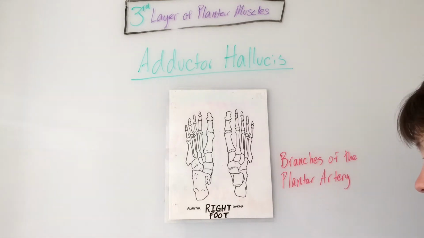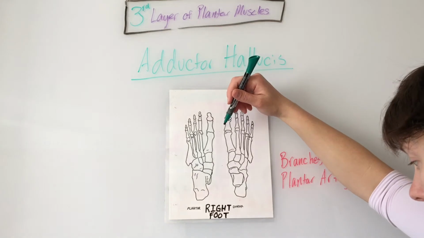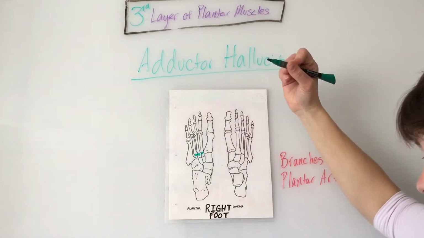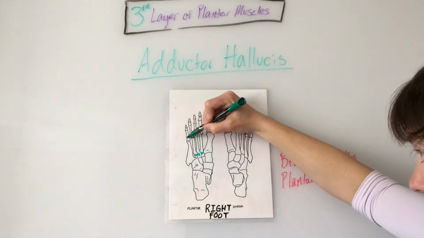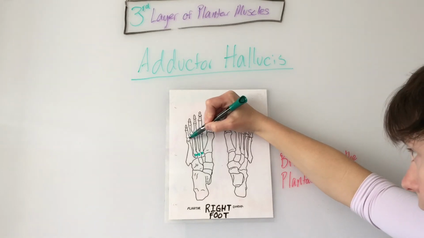The adductor hallucis has two heads, the oblique head and the transverse head of origin. The oblique head originates at the bases of the second through fourth metatarsals, and the transverse head is at the metatarsophalangeal joints of digits 3 through 5.